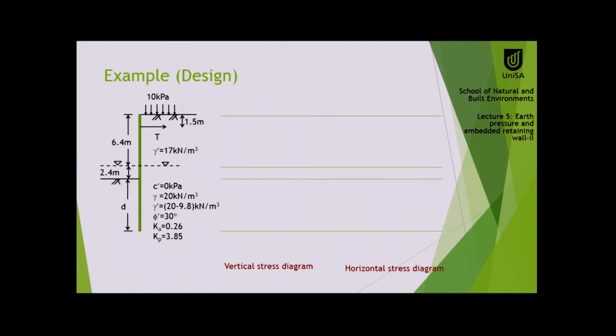On the left hand side, you have to retain soil, and that has a distributed load of 10 kPa. On the left hand side, the dredge line is 6.4 plus 2.4, 8.8 meter below, and you have to find the depth of embankment. The problem over here, it's a little bit different.